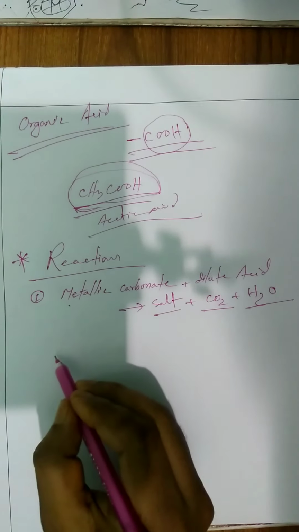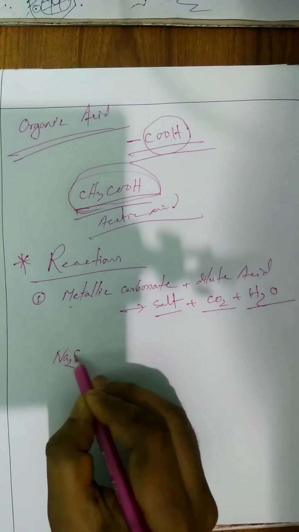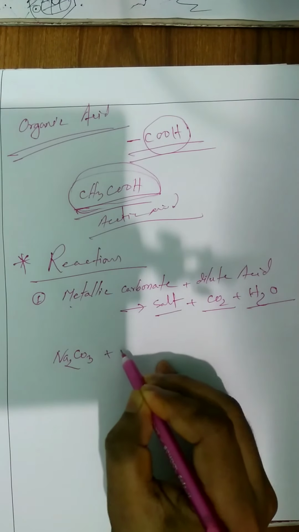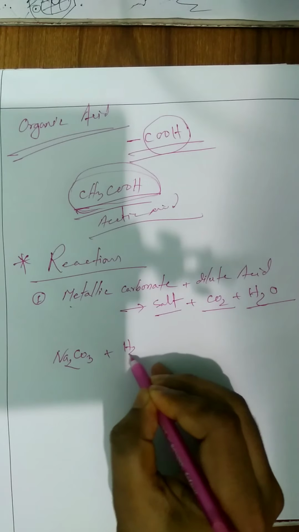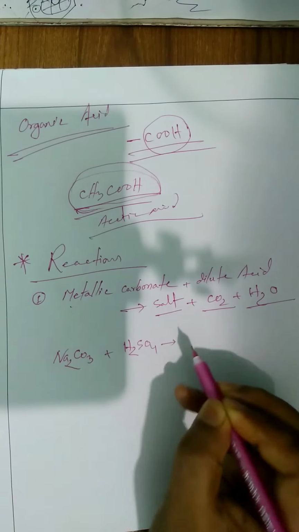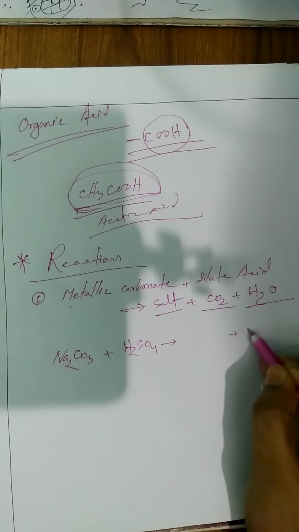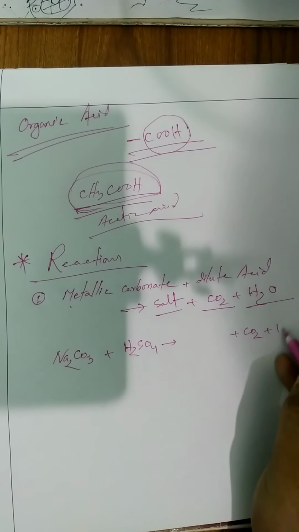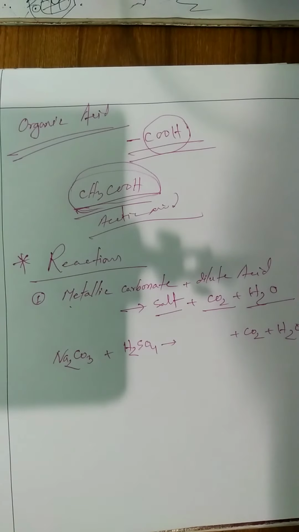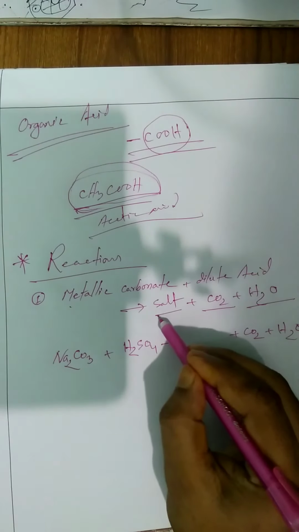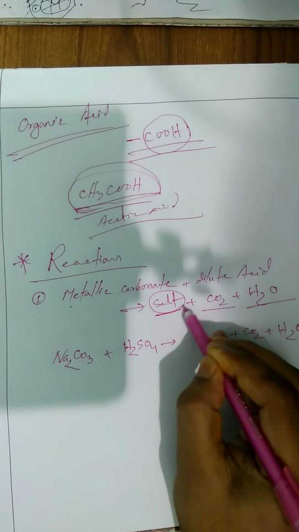For example, sodium carbonate plus H2SO4. These two parts are fixed, that is CO2 and H2O. So another part, salt.